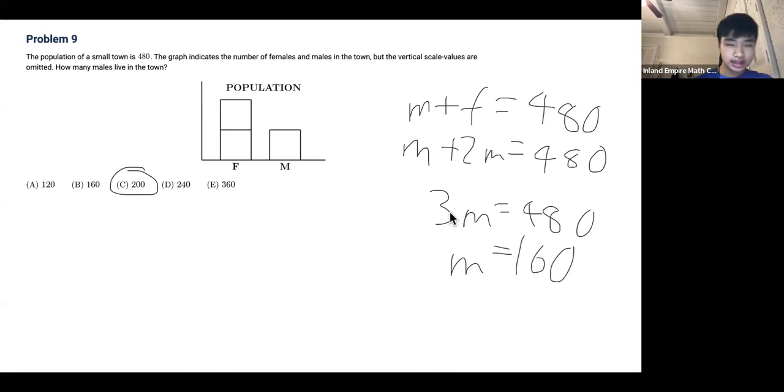So, having a look at this, 160 seems like the most reasonable answer here. But you're going to have to guess a little bit. But yeah, 160 is definitely the answer based on the answer choices. And so the answer is in fact B. All right.